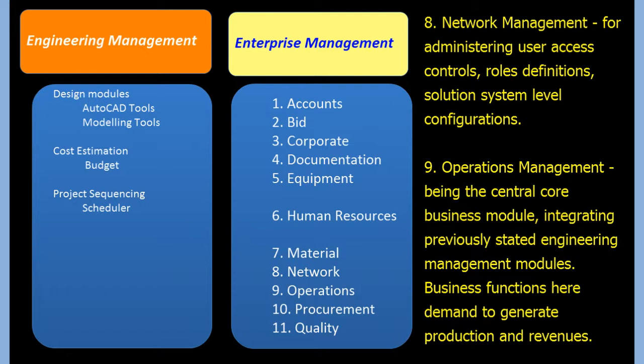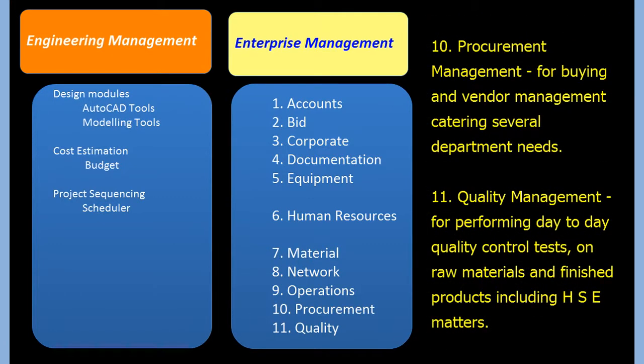Operations management, being the central core business module, integrating previously stated engineering management modules. Business functions here demand to generate production and revenues. 10. Procurement management, for buying and vendor management catering several department needs. 11. Quality management, for performing day-to-day quality control test on raw materials and finished products including HSE matters.